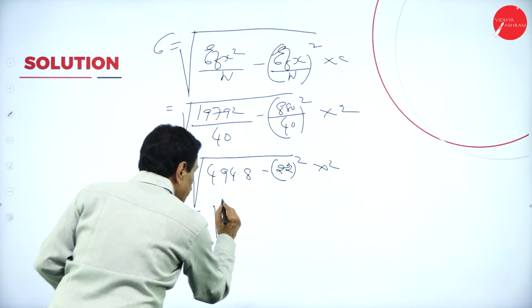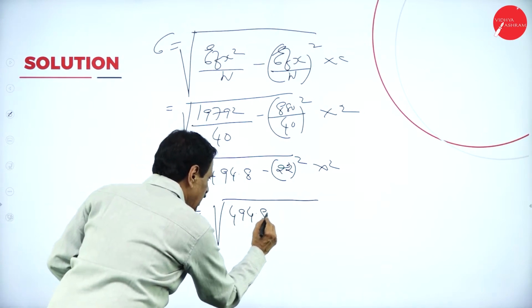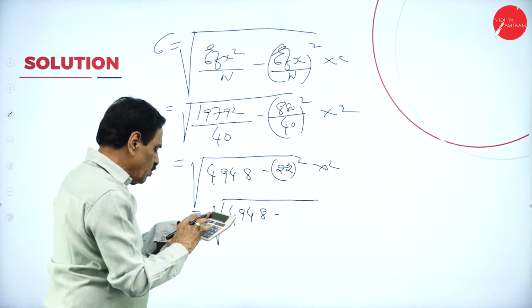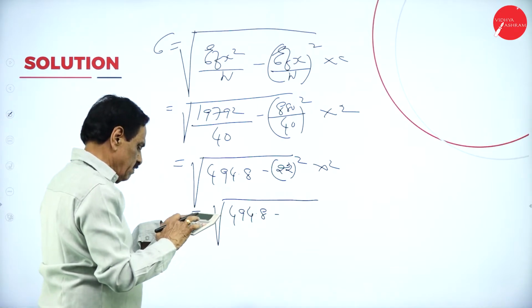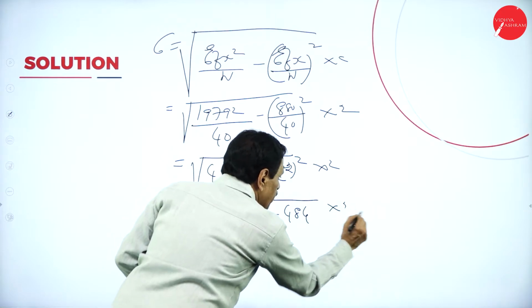Simplify this. 494.8 minus 22 into 22, 484, into 2.